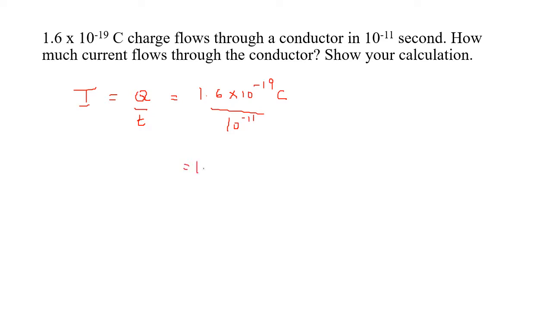So we have 1.6 into 10 raised to minus 19 plus 11, which gives us 1.6 into 10 raised to minus 8 ampere. This is the current flowing through the conductor.